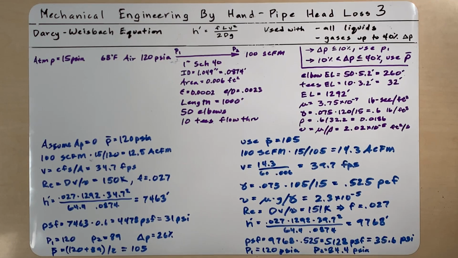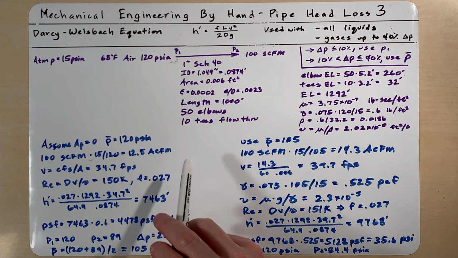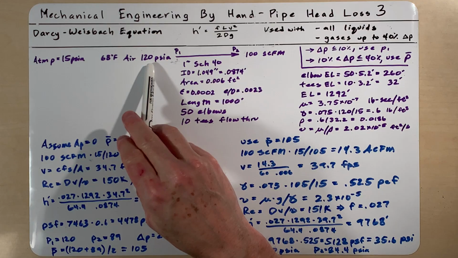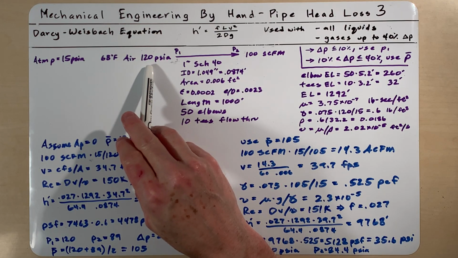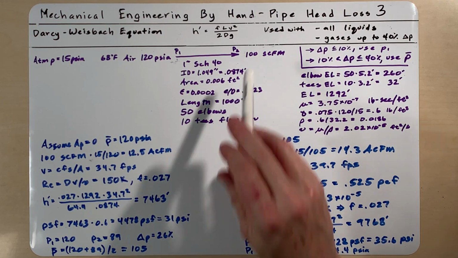It's going to be much bigger. So I'm just using this example to show you how this works, but if this were being installed in a plant, I would definitely upsize this pipe to where you have say a 5% loss, which would be about 6 psi at the end.